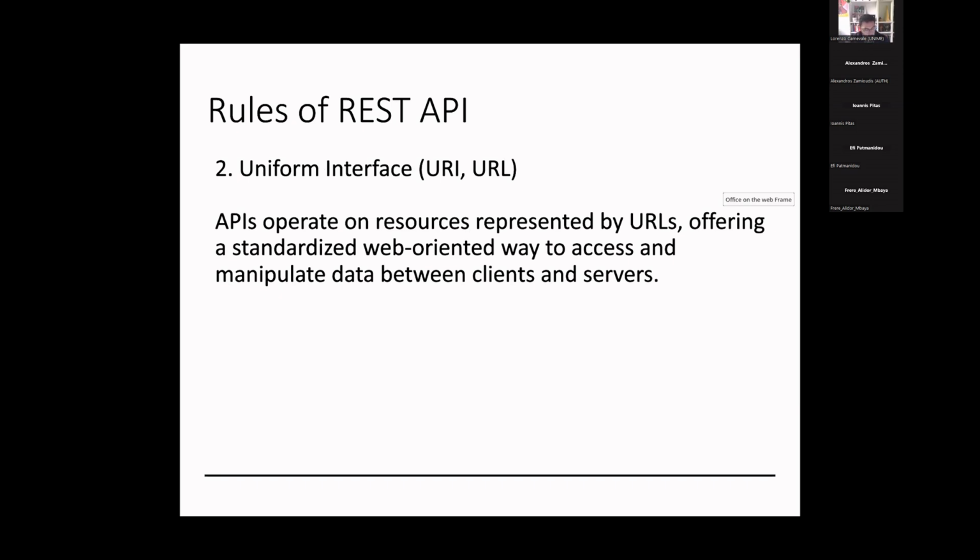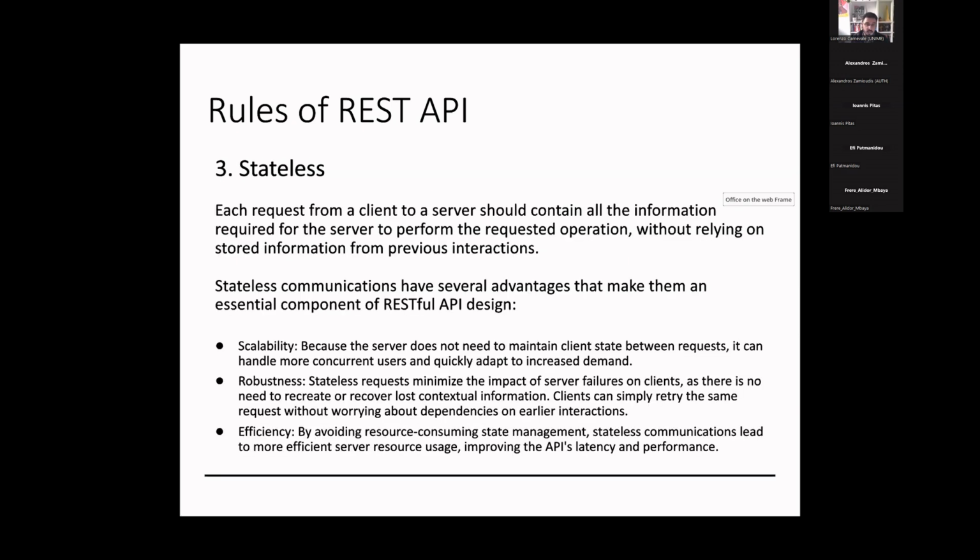And if you try to open, for instance, an image in a new window, you see the URL also with the name of the image, so with .png, .jpeg. That is the specific address for that object. So with the URL, we can manipulate data between the client and the server.